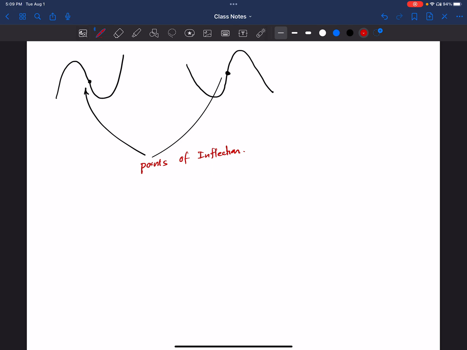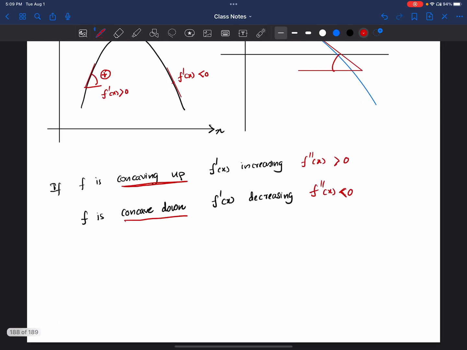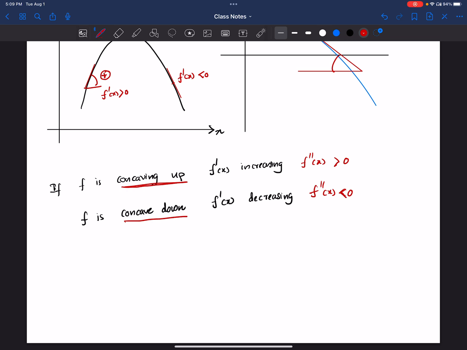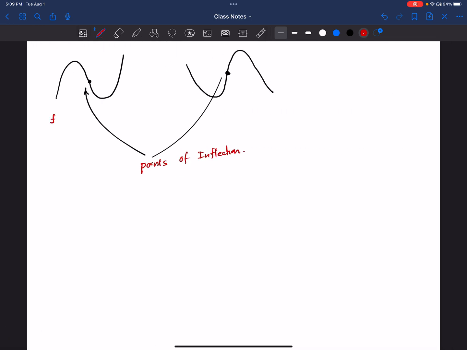Well, what's really happening here? It's concaving down. We learned that if it is concaving down, that is f prime of x is decreasing and f double prime of x is negative. And when concaving up, after the inflection point, f double prime of x is positive.